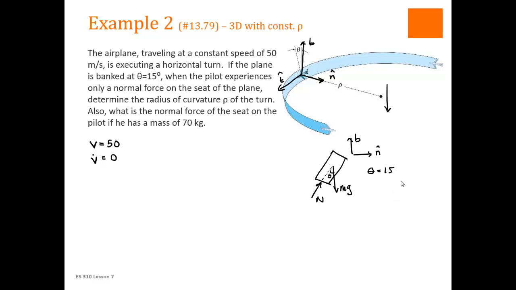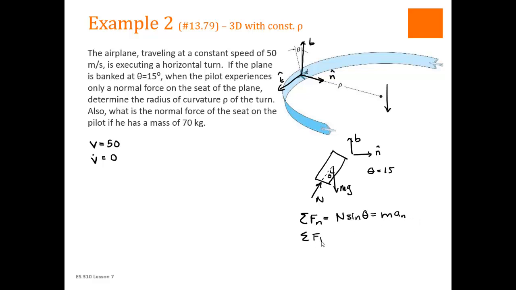We can now write the forces, right? So we've got the normal forces in the n direction. There's the part of n, and that's it. None of the mg is in the n direction. So we've got n, and the part that's in the n direction is the opposite part, so n sine theta is equal to mass times acceleration in the n direction.